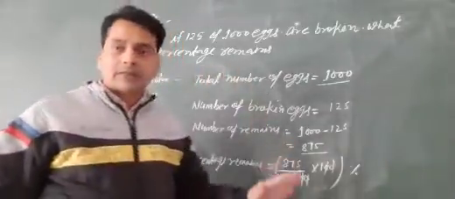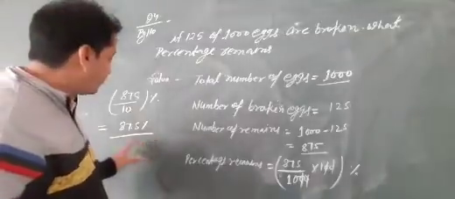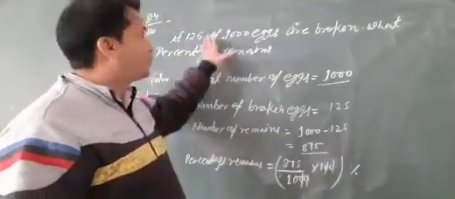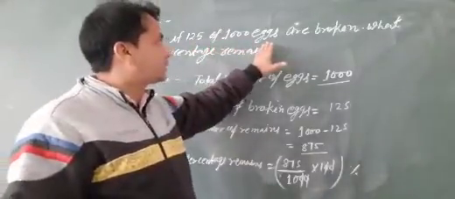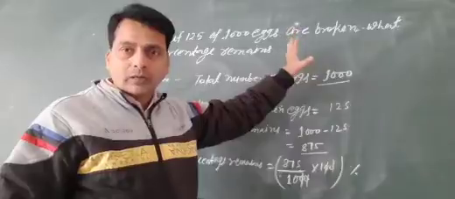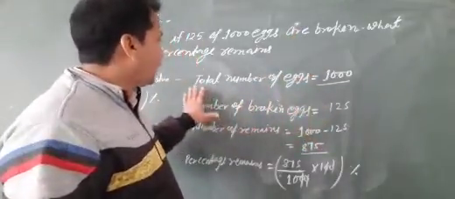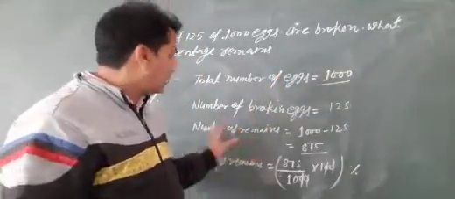So the percentage of the remaining eggs is 87.5%. According to this question, 125 of 1000 eggs are broken, the total number of broken eggs is 125 and the total number of eggs is 1000.